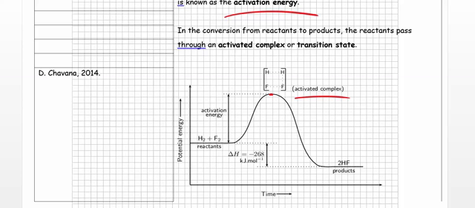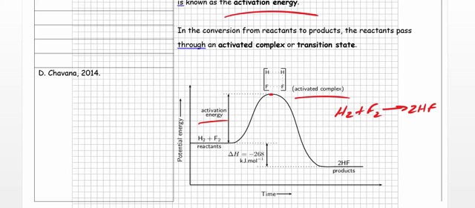And by the way, the reaction is H2 plus F2 yields 2HF. Let me just write that. H2 plus F2 yields 2HF, right? But in going from hydrogen gas and fluorine gas to 2 hydrogen fluorides, we have to pass an activated complex, and that's going to cost energy.